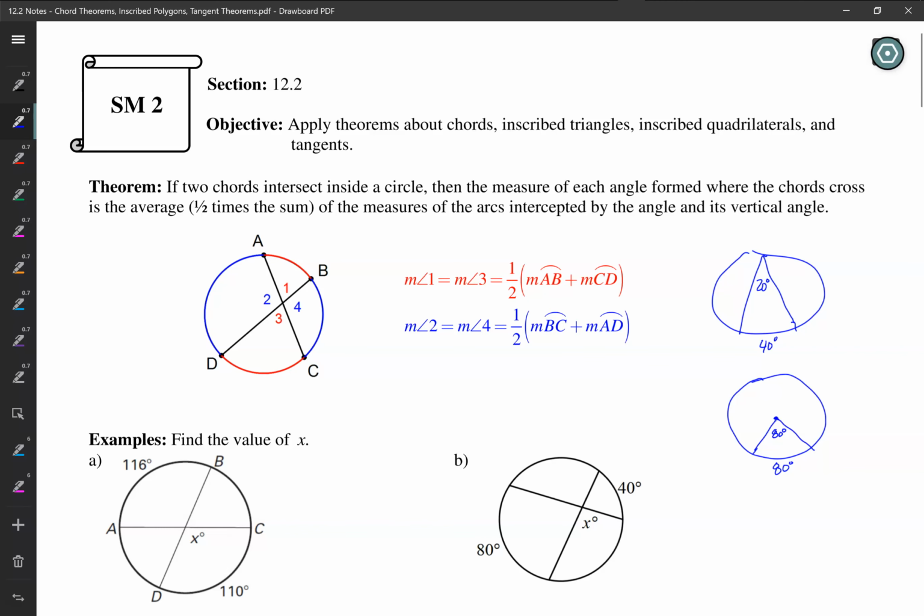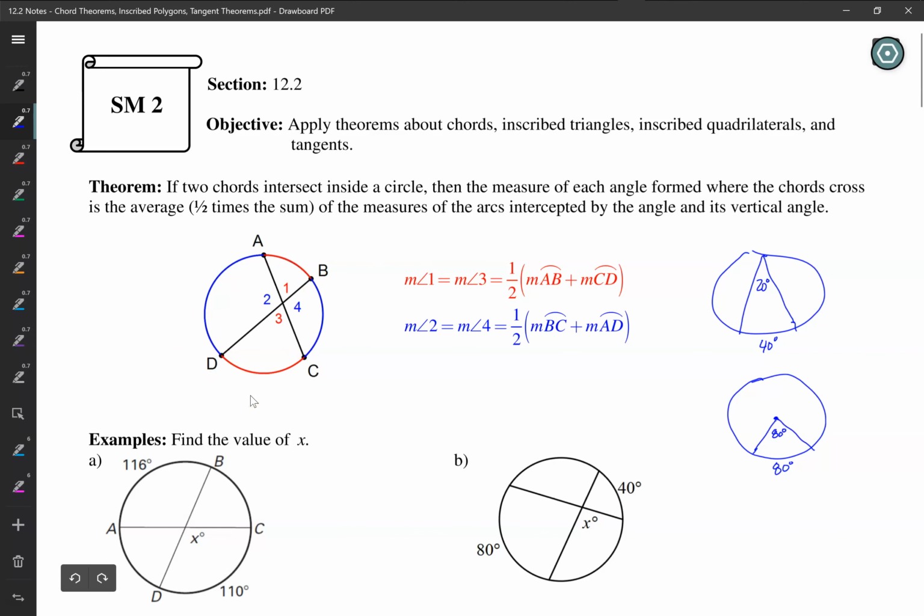And of course, angles 1 and 3 are vertical angles, so they will have the same measure. And angle 2 and 4 are vertical angles, so they'll have the same measure. And we're also interested in the measures of the arcs. So arc AB and arc DC.